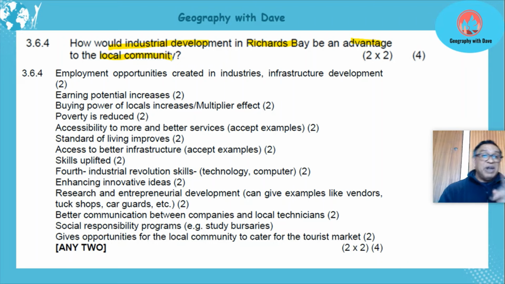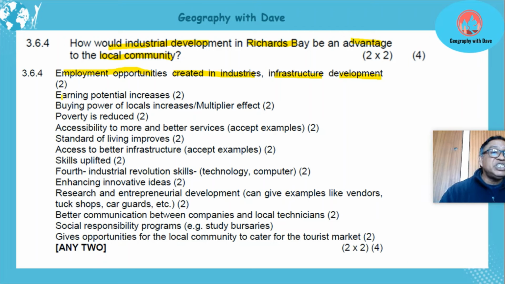Watch. Employment opportunities created in infrastructure or industries development. How would it be? Please answer fully. You must say employment opportunities created in the industries or infrastructure.